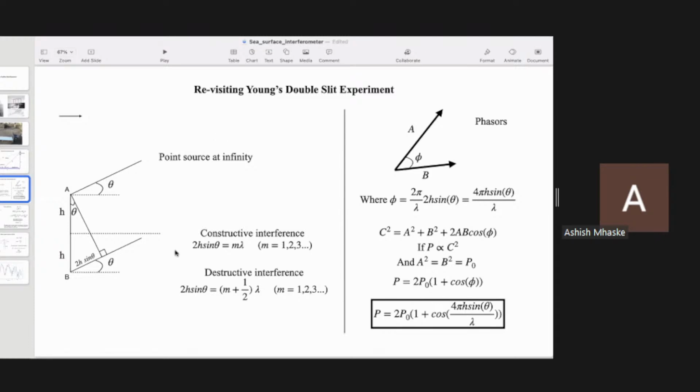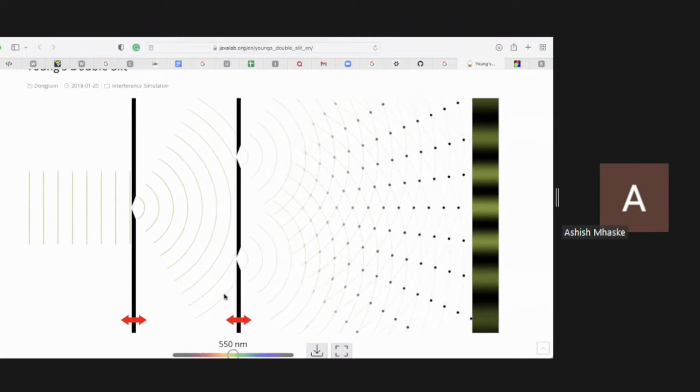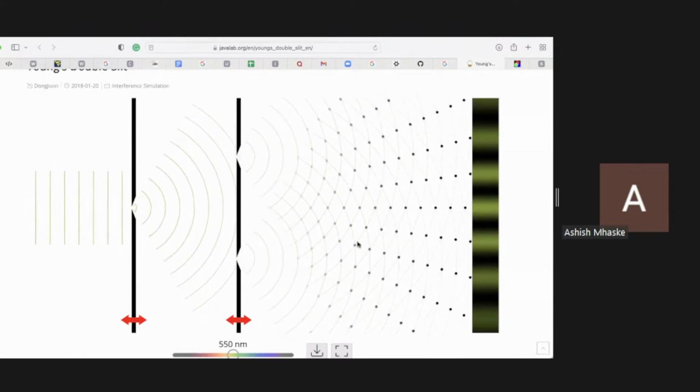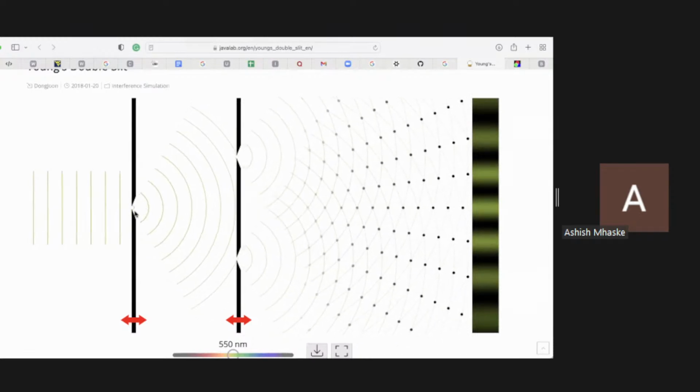You all must have seen Young's double slit experiment. There also, fringes will be faster. I have some animation here. So this is the typical Young's double slit setup. There is an added complication here.